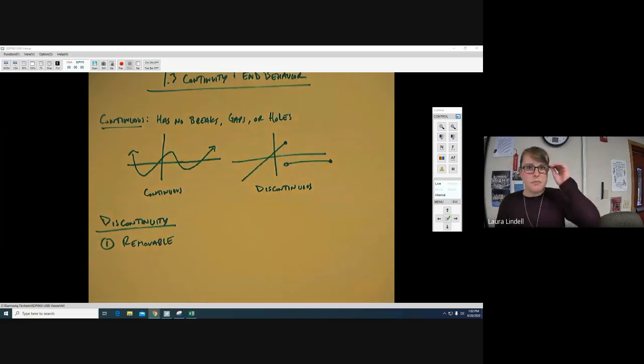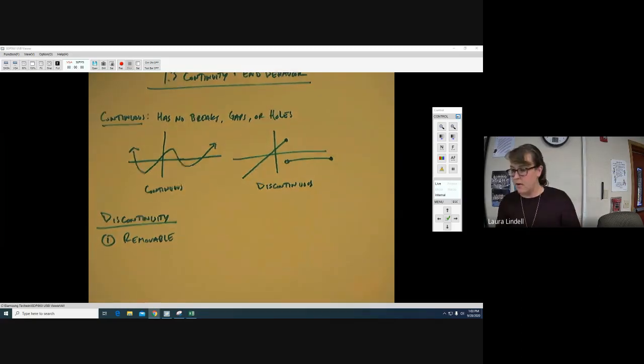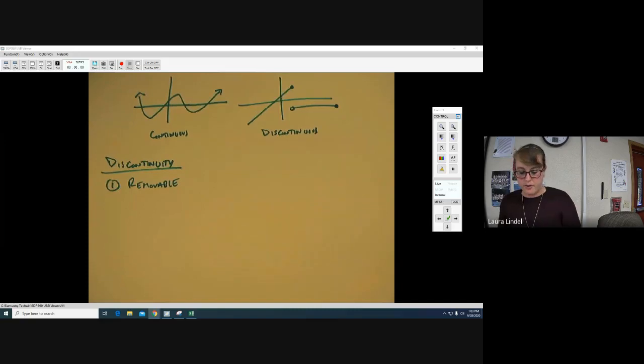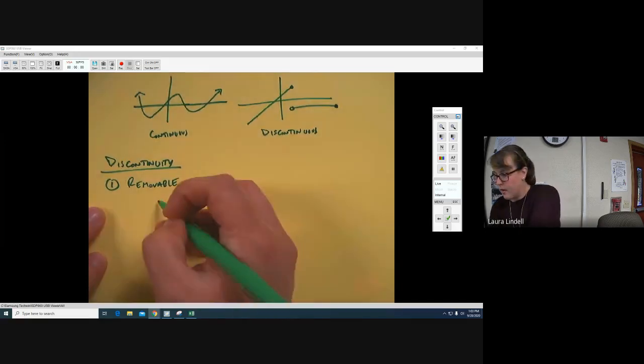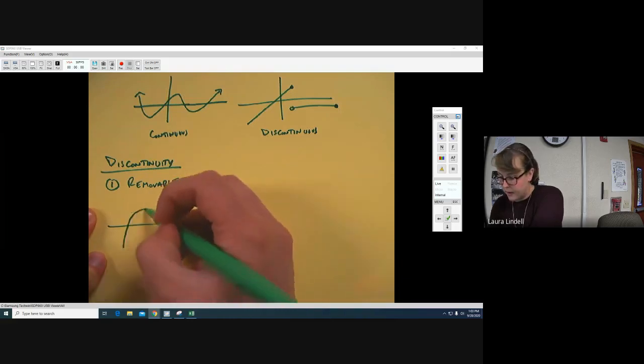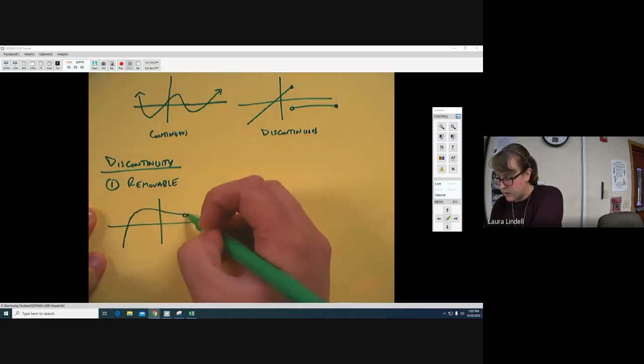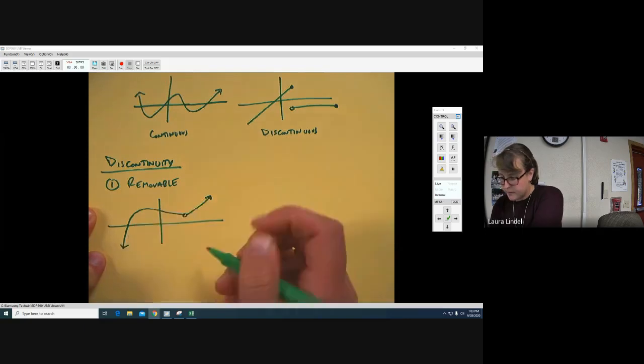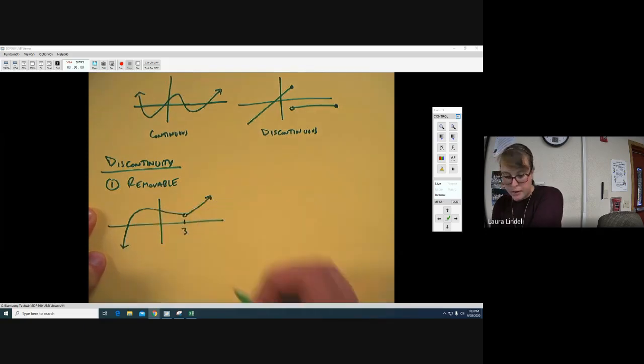Sometimes they also call this point discontinuity. You might have heard it said that way before. So a removable discontinuity might look something like this, where it's only discontinuous at one spot.